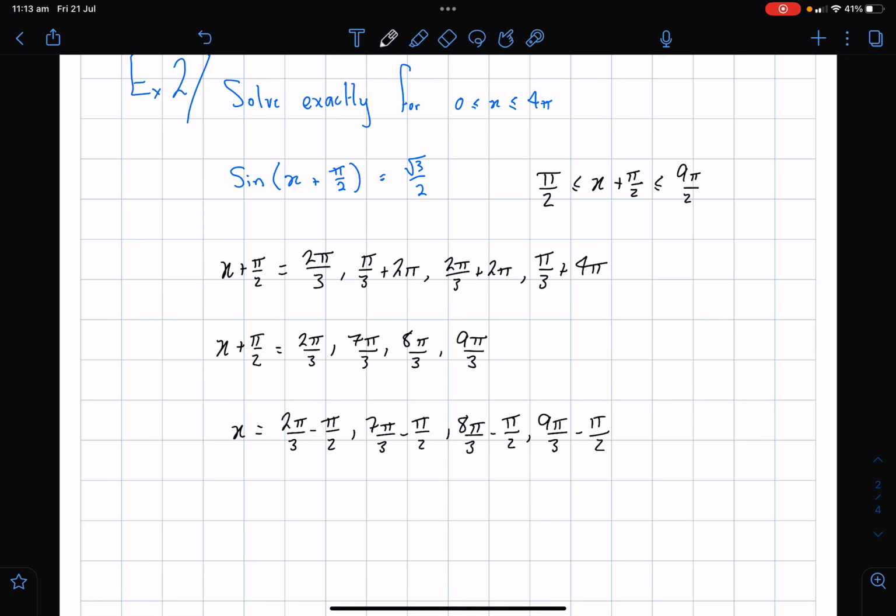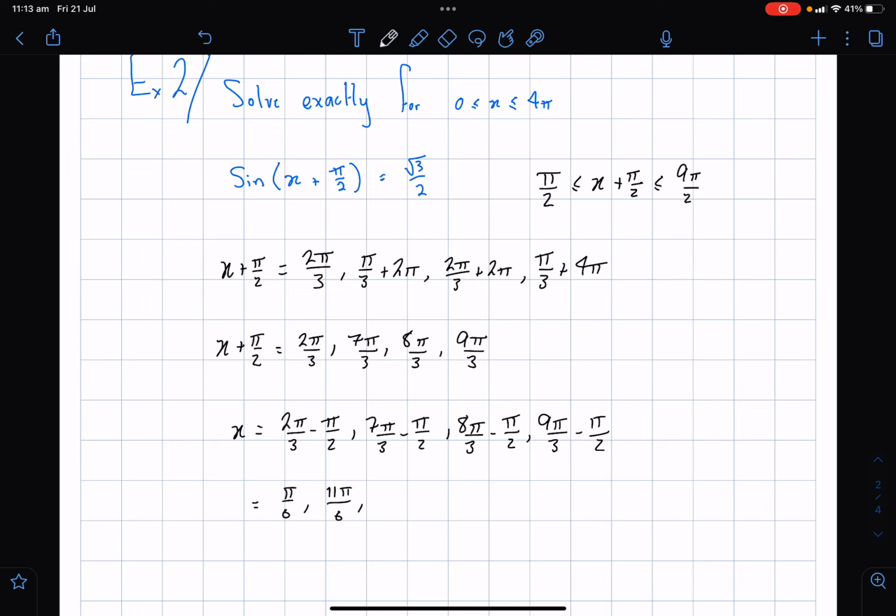Now these can be some tricky fractions, so what we're going to do is grab out our graphics calculator, and we've got 2/3 of pi take 1/2 of pi, which gives me pi on 6. We've got 7 pi on 3 take pi on 2, which is 11 pi on 6.